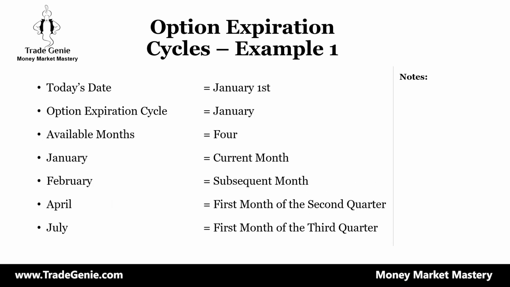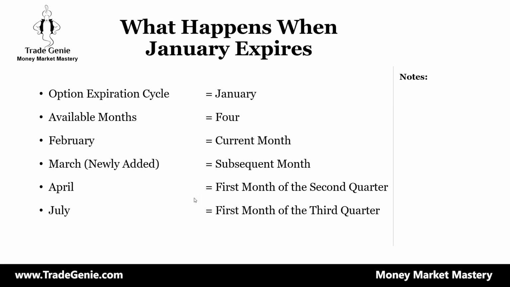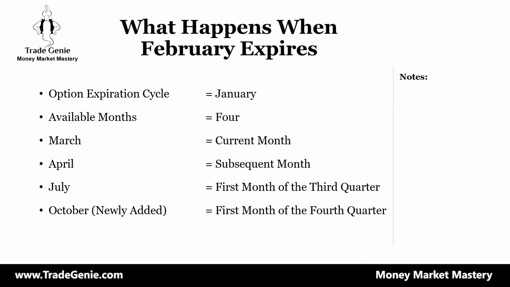April is already there because it's a January cycle month, so no new month will be added in between. Sorry, October will be added at the end, after July. April is already there, and will act as the subsequent month when February expires.